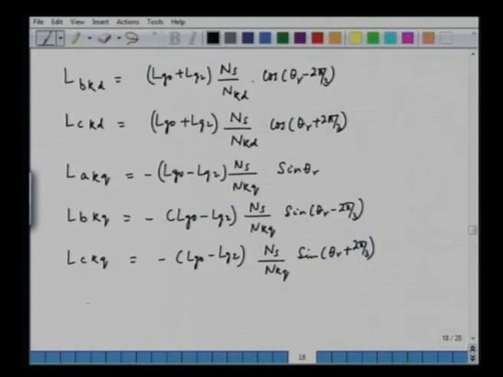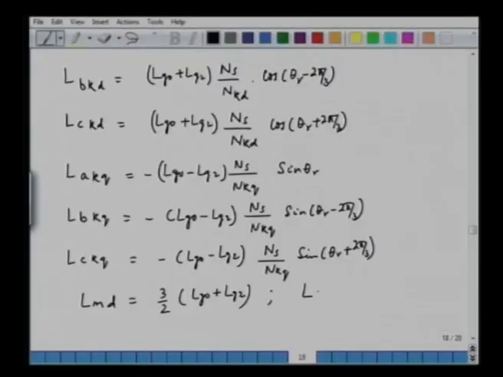And we have already seen that Lmd can be given as 3 by 2 Lg0 plus Lg2. This is the d axis magnetizing inductance referred from the primary side, and similarly Lmq is 3 by 2 times Lg0 minus Lg2.